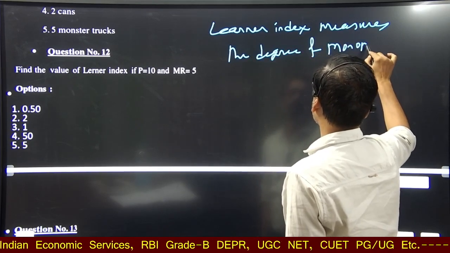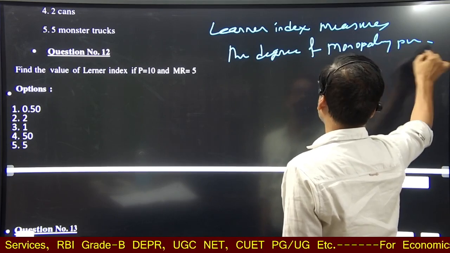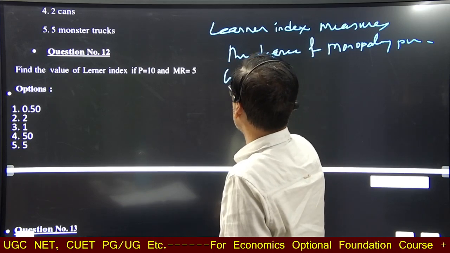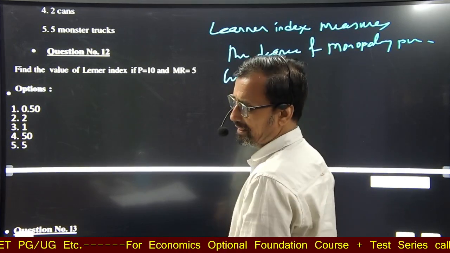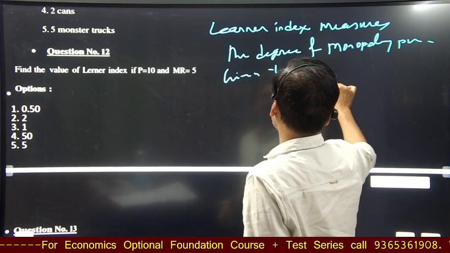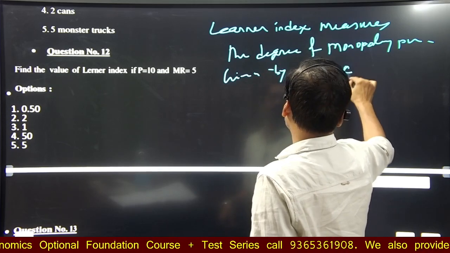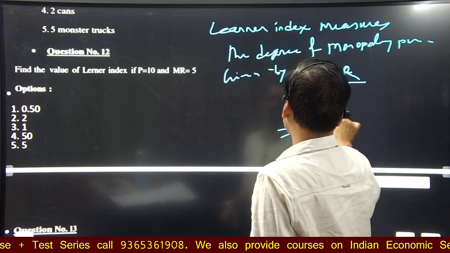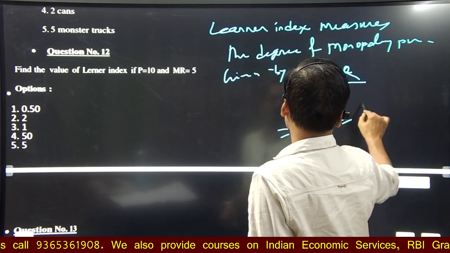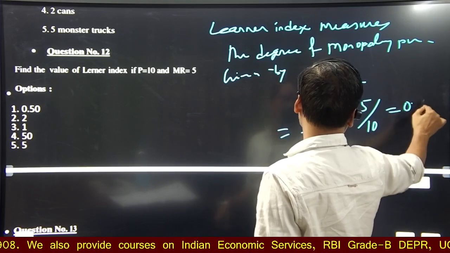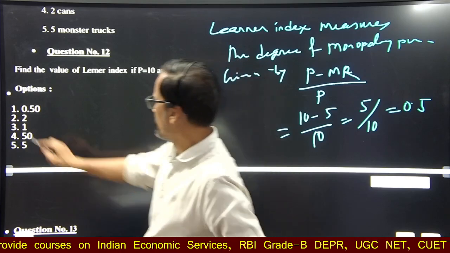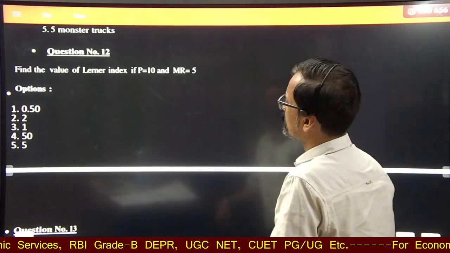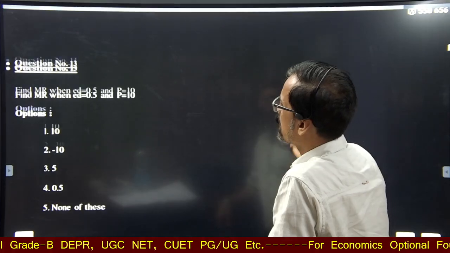The Lerner index is given by P minus marginal revenue divided by P. So 10 minus 5 over 10, which is 5 by 10, so 0.5 or half. The correct answer is 0.5.